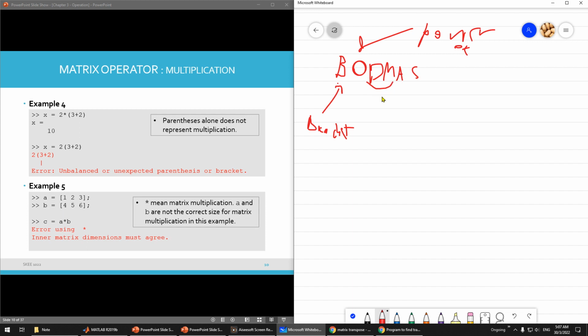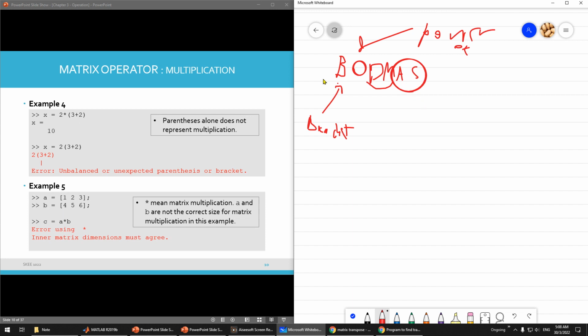Division and multiplication have the same level, so you have to do left to right first. And then you have addition and subtraction, also the same level. You have to do from left to right.